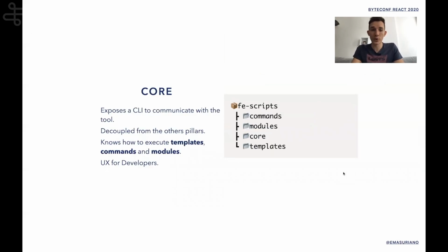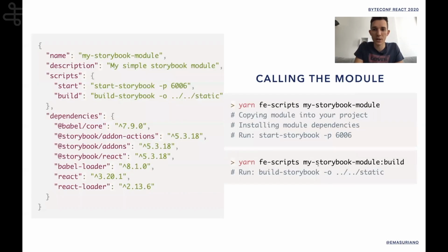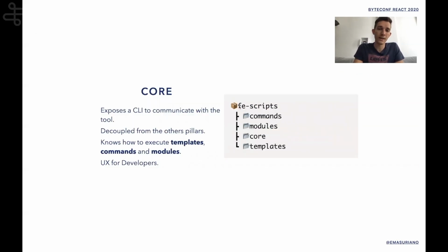Then the last part is core. I like to call it the glue that puts everything together, but it actually does more than that. The main thing is it exposes the CLI to communicate with the tool. Every time you call yarn scripts, you're actually communicating with core, and then core knows how to execute templates, commands, and modules.